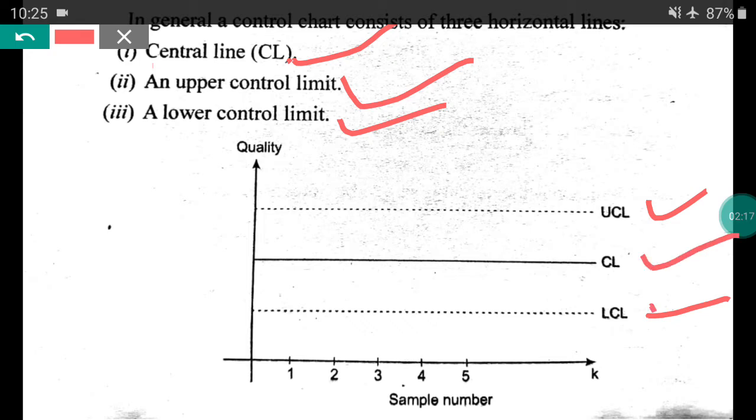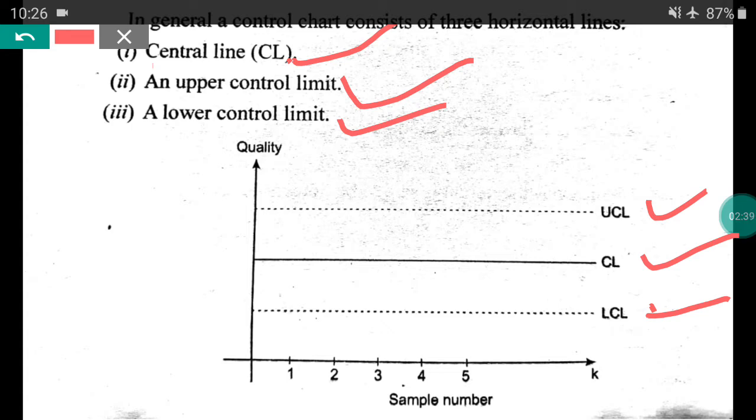CL means central line. These are the limits of a control chart. First you should find out CL, after that you can find out LCL, after that you can find out UCL. These are the limits of a control chart.